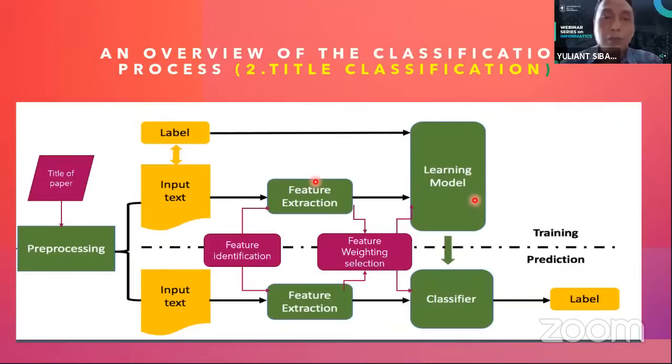We have to use many classifiers or many models in this process, because the main goal is to obtain the best classifier model. And the final step is using the best classifier to make predictions.